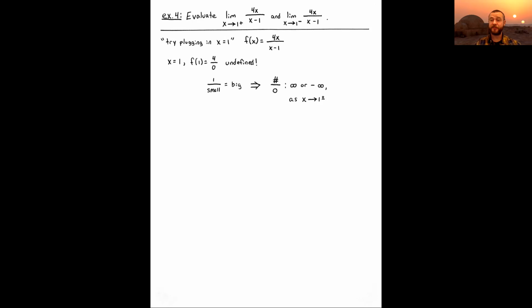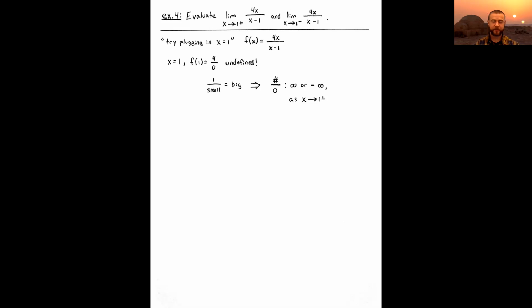We're not saying division by 0 equals infinity, but kind of does. We're going to say that when you have a number divided by 0, the result of plugging in with standard limits in Calculus 1 usually points to the limit either being infinity or negative infinity, here, as x approaches 1 from the right or left.